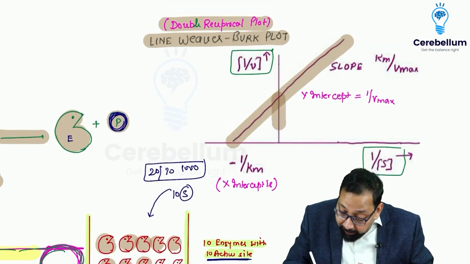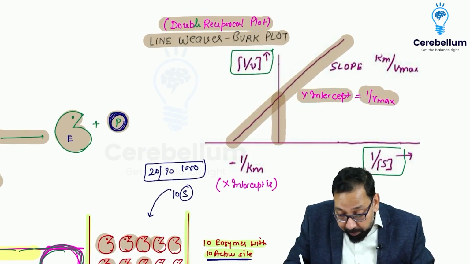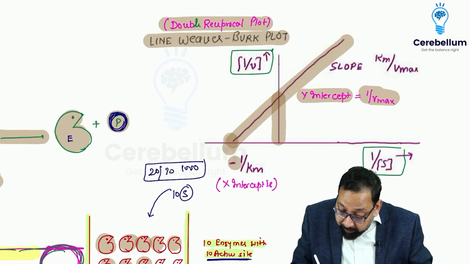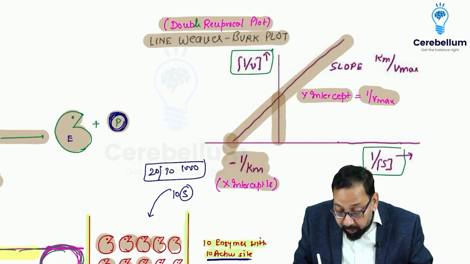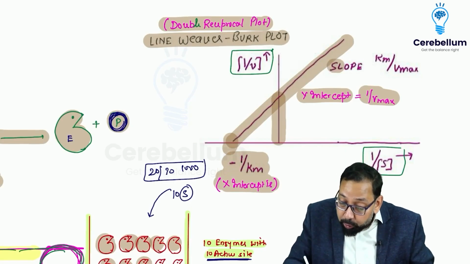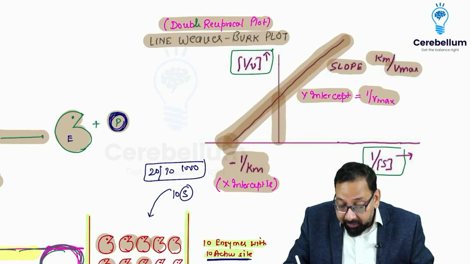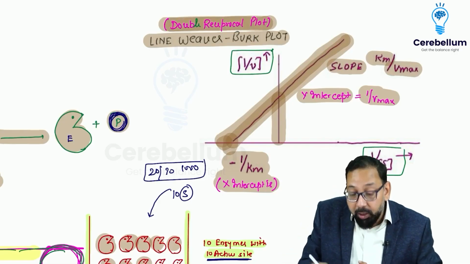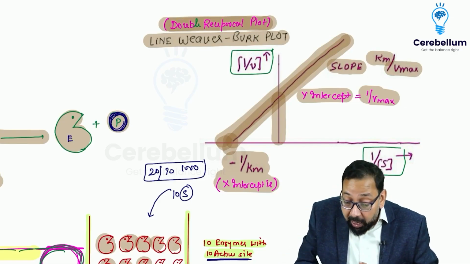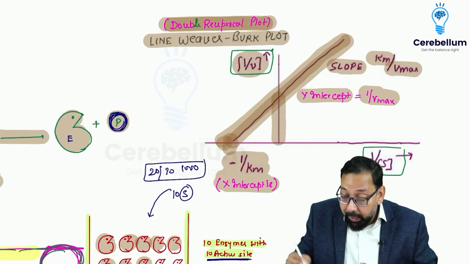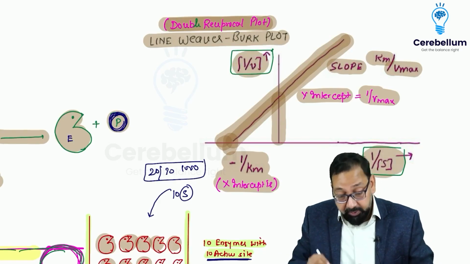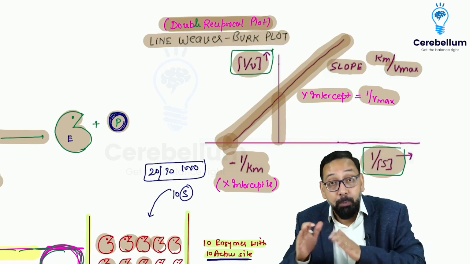This y-intercept is 1 upon Vmax, and this x-intercept is -1 upon Km. The slope of this line is Km upon Vmax. Why double reciprocal? Because this is a graph between 1 upon velocity and 1 upon substrate concentration.